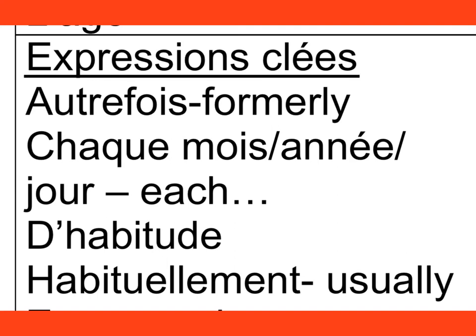Chaque, if you ever see chaque mois, chaque année, chaque jour, each. A lot of times we also say every in English. Every month, every year, every day. Now also, if you see expressions like d'habitude and habituellement, these are things that you did usually. We have the word habit in English to help you remember that.